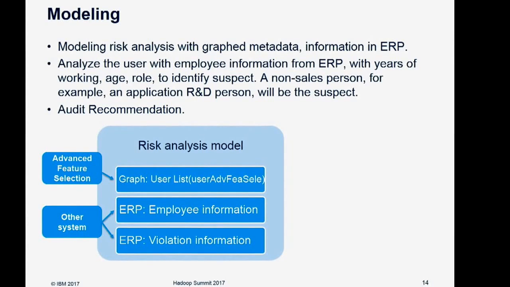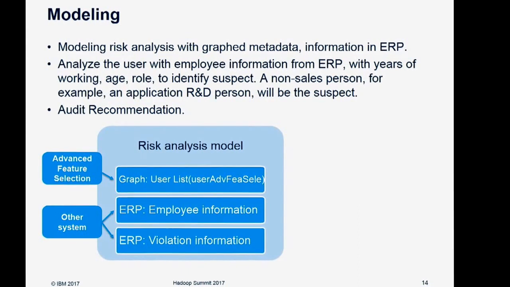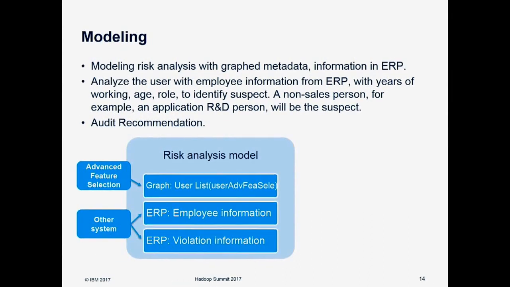Then we get the user list from the advanced feature selection, and we can associate this graph data with our ERP system. We can get the information of the employee and violation events: some people are not salespeople but have access to this data, and maybe some R&D people who are doing development or testing access the data. And some people who have had violation events recently should be suspects.